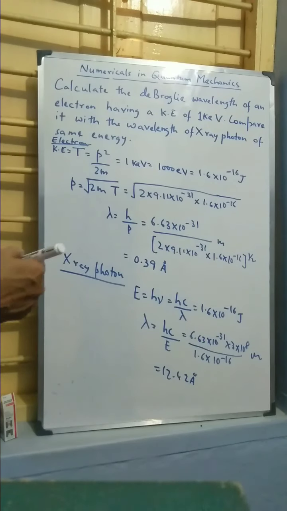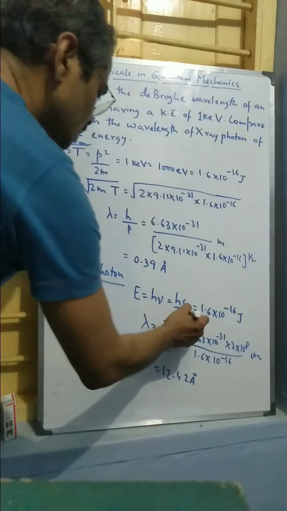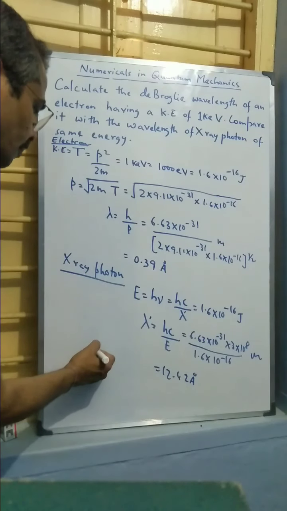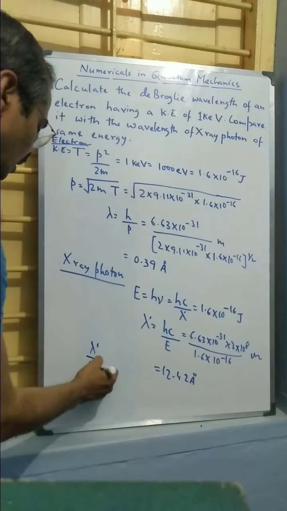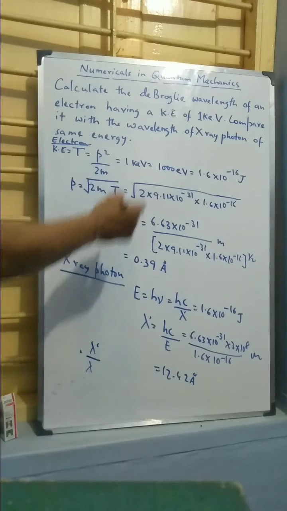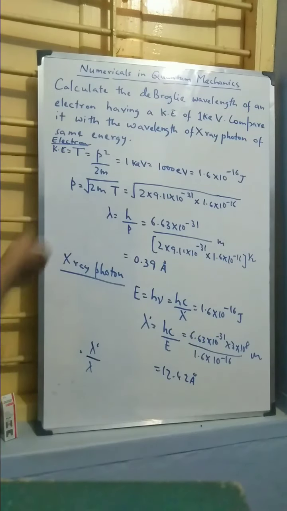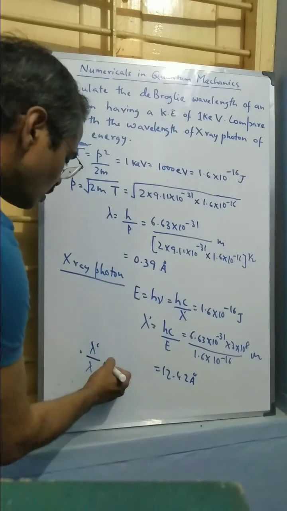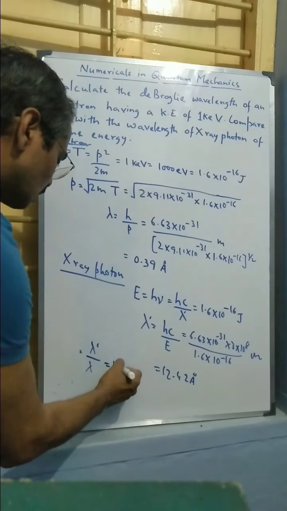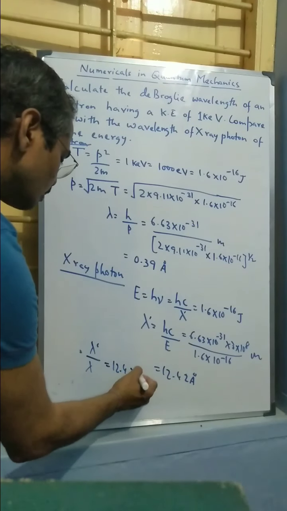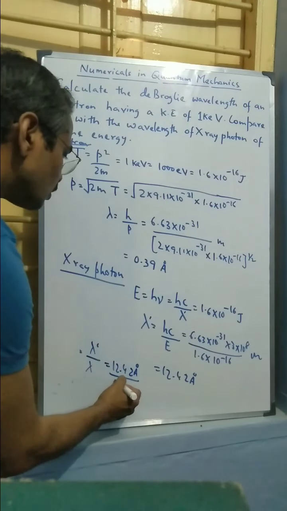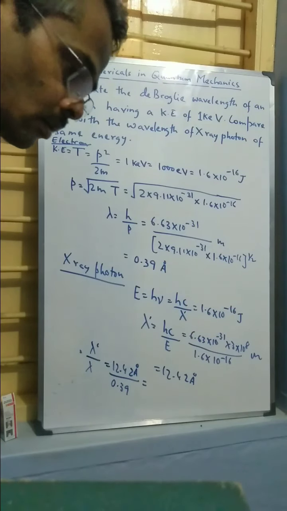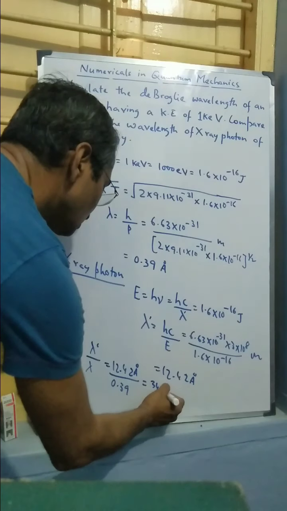If one takes the ratio, if I call this lambda prime, then lambda prime by lambda, for the same energy X-ray photon and same energy electron, the resolution given by an electron is something like 12.42 divided by 0.39, which is of the order of 34.85.